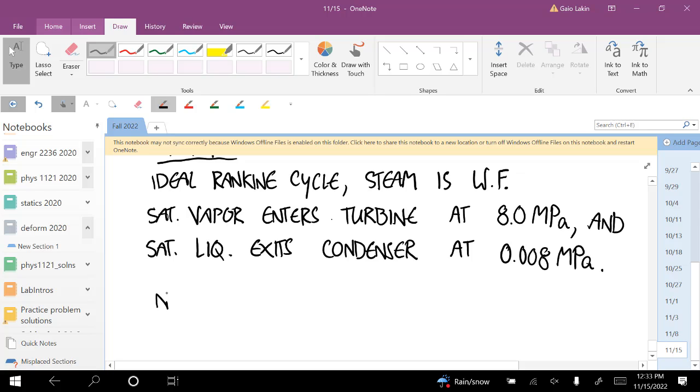Okay, the net power output of this whole cycle is 100 megawatts.